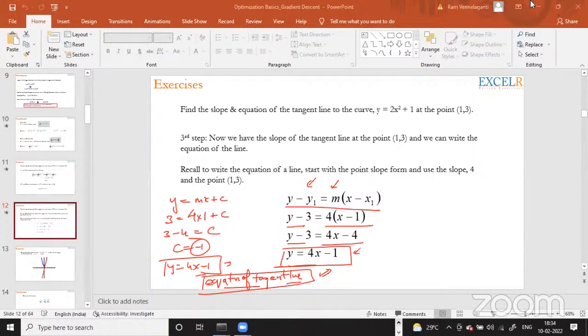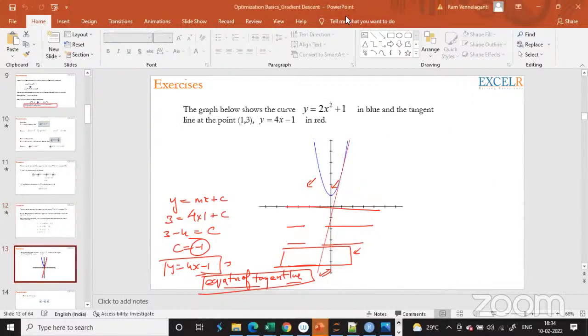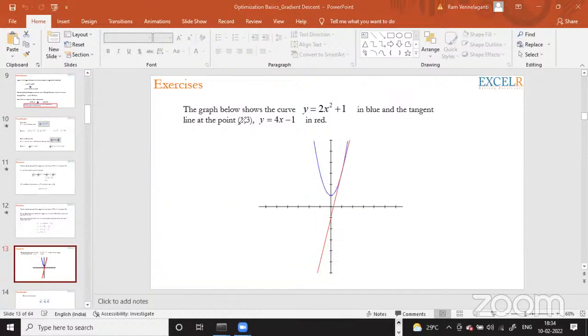So how can you represent this concept diagrammatically? How is our curve going to look? y is equal to 2x squared plus 1. This is how the curve is going to look. This is my origin. 1, 2, 3. 1, 2, 3. And now this is our tangent line in red color.